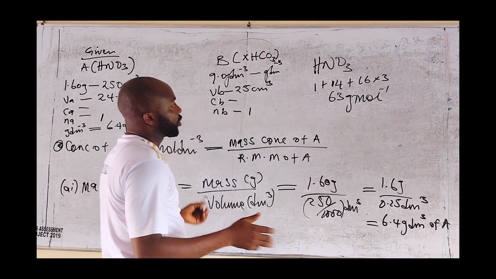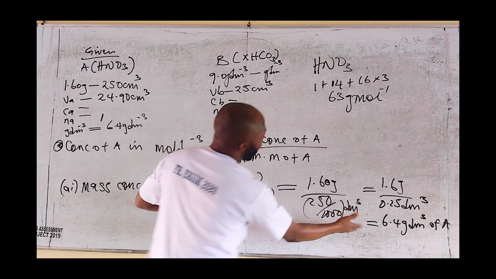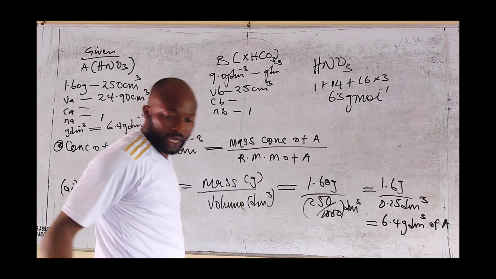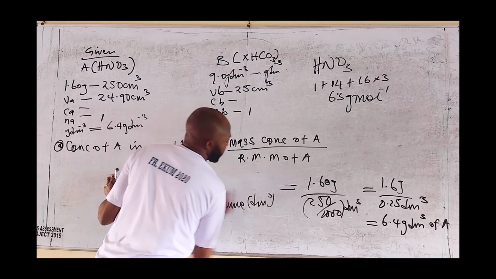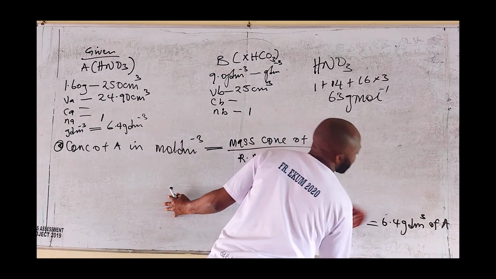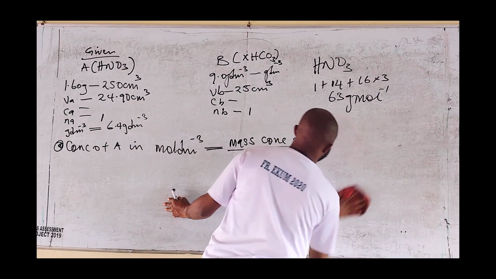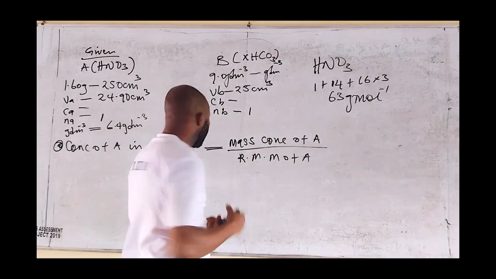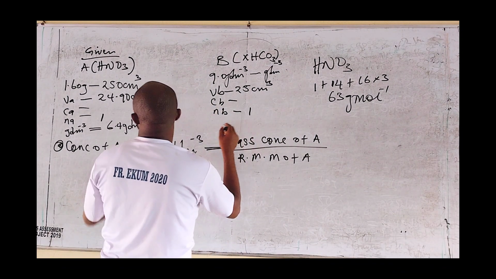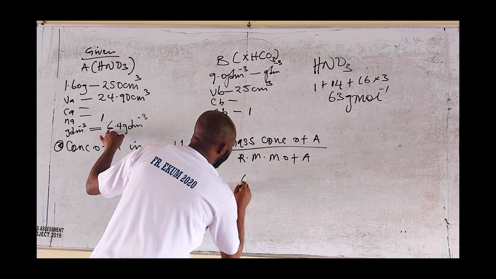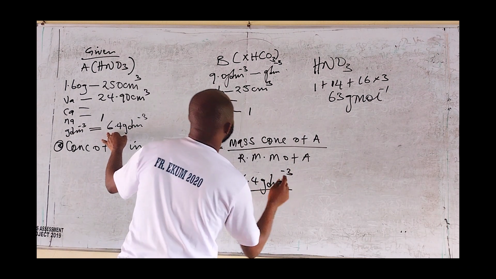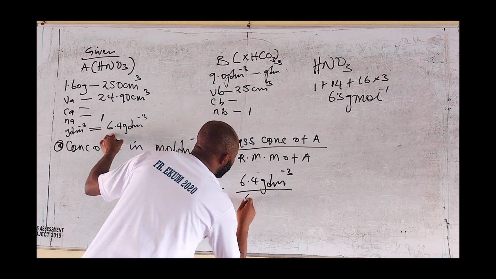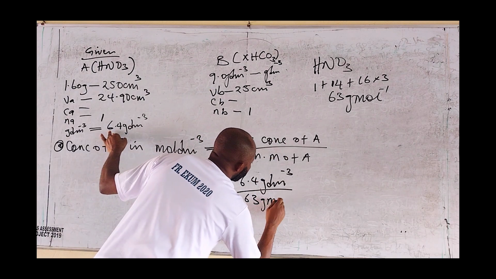If I put this variable into the equation, this is what we're going to get. The mass concentration is 6.4 g/dm³ over the relative molecular mass of 63 g/mol.